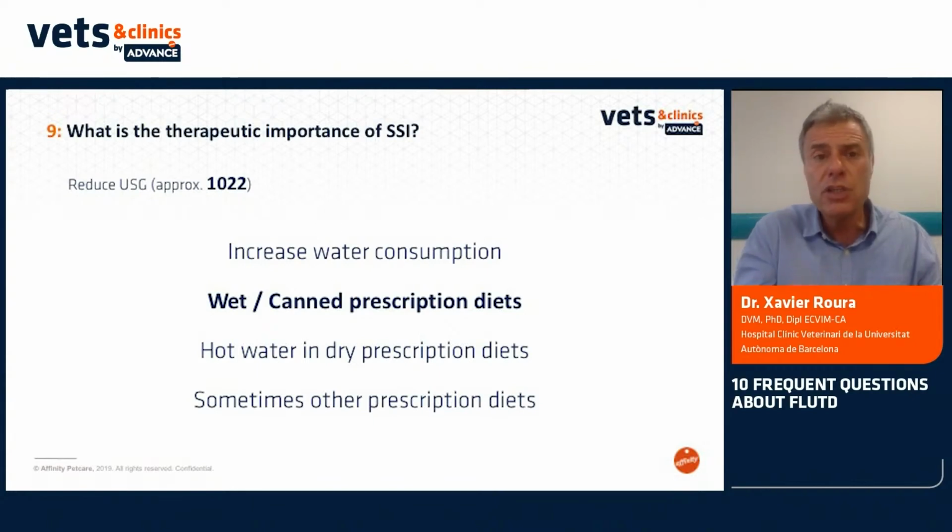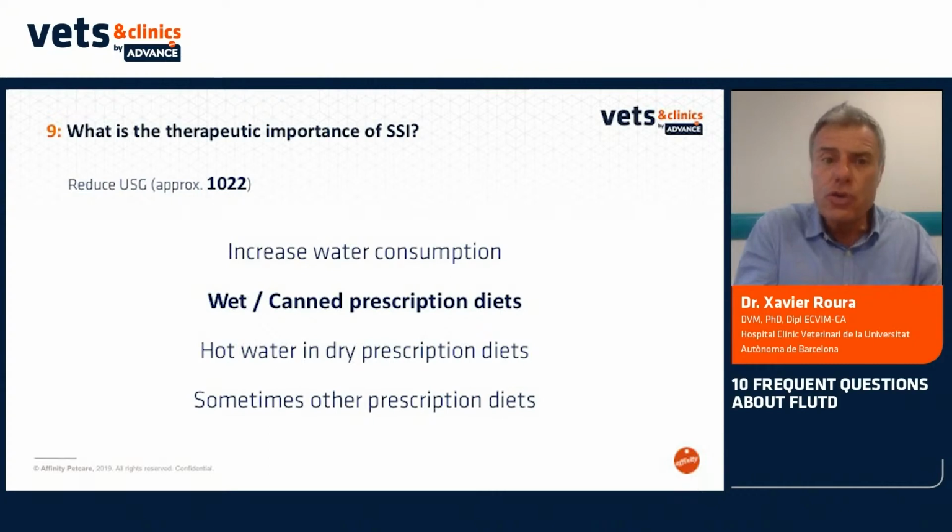We can do this by increasing water consumption. This is sometimes difficult in cats, but we can do it with the use of fountains or with different diets, humid diets or dry diets that are wetted with hot water, for example.